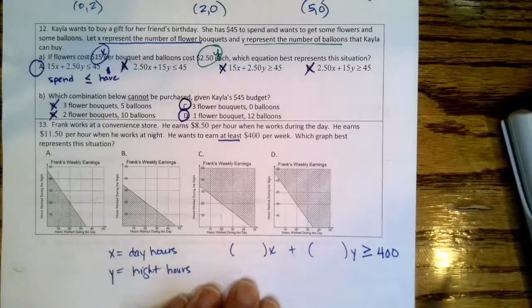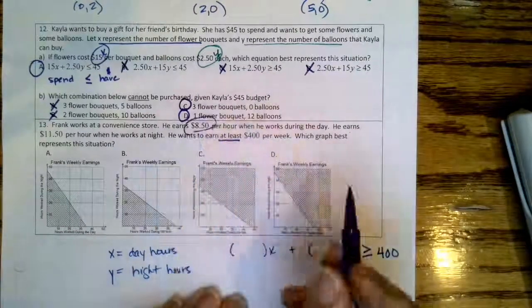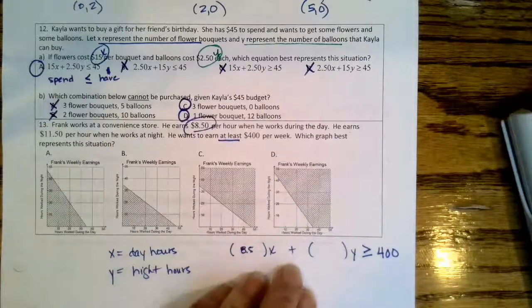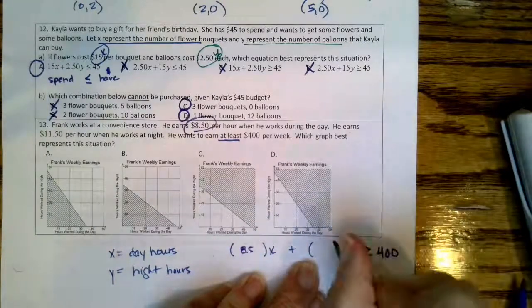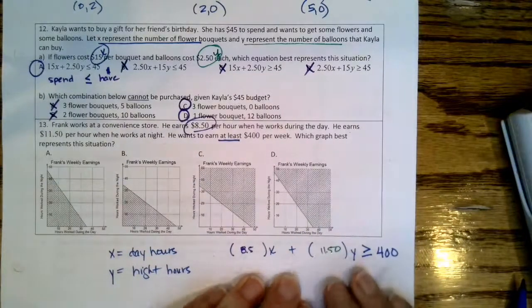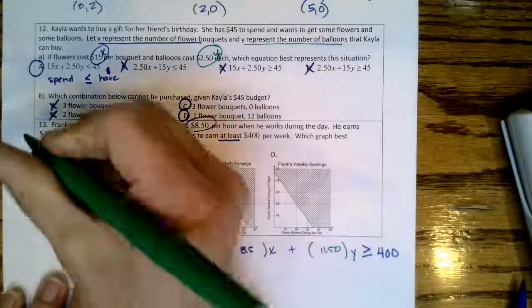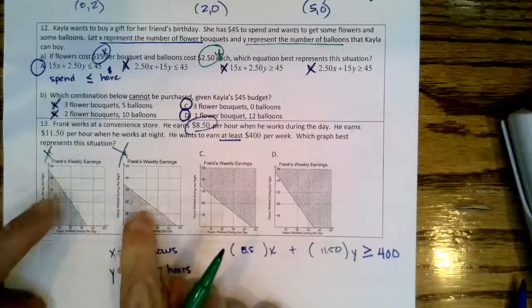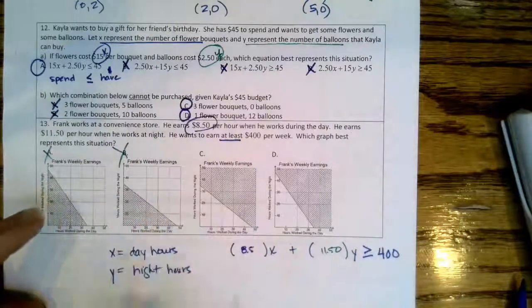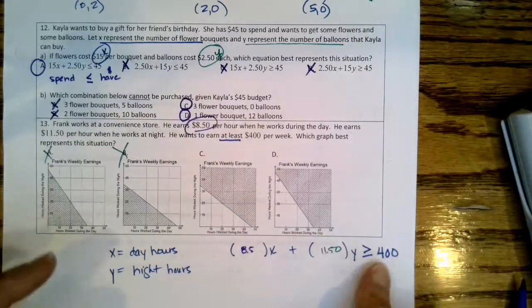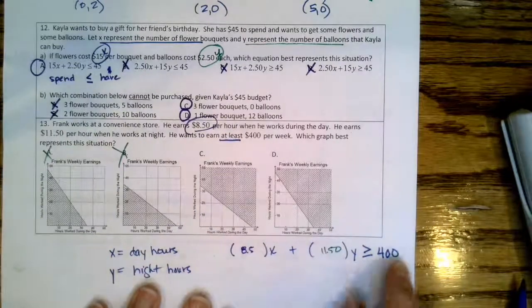So let's go back to the problem, and I have $8.50 when he works during the day, and I have $11.50 when he works at night. So right away, I know these two are not possible because this has him earning less than his $400, and I know he wants to make more than $400.